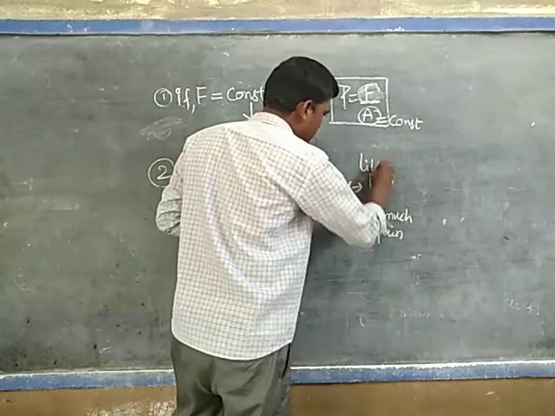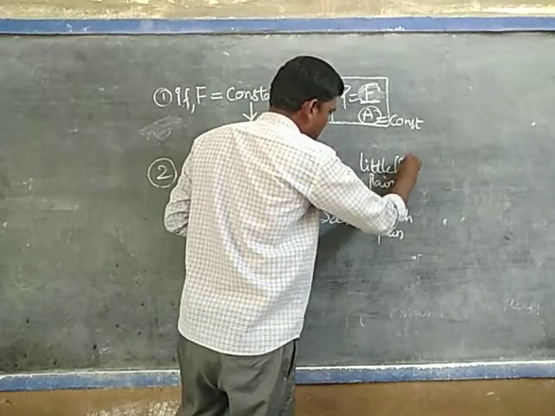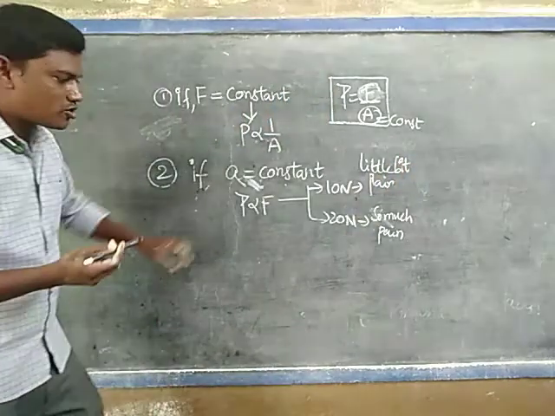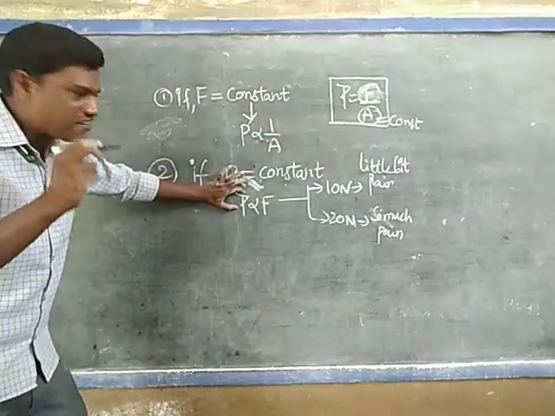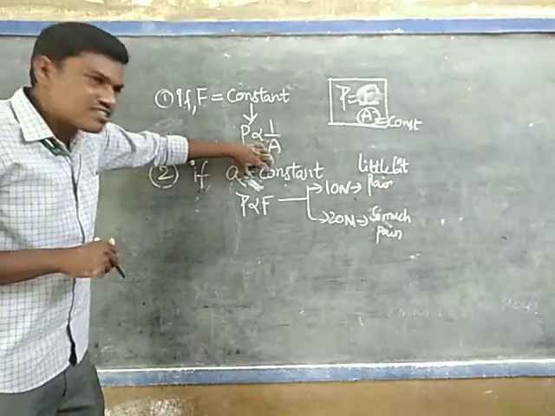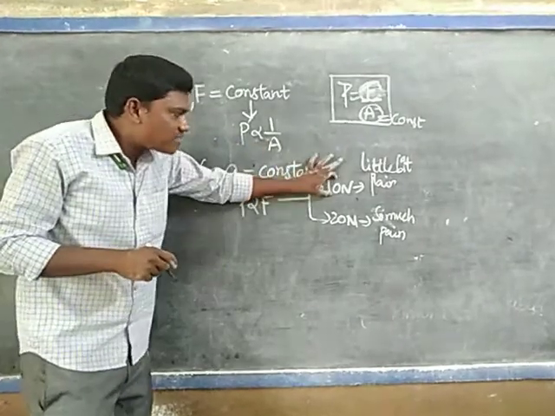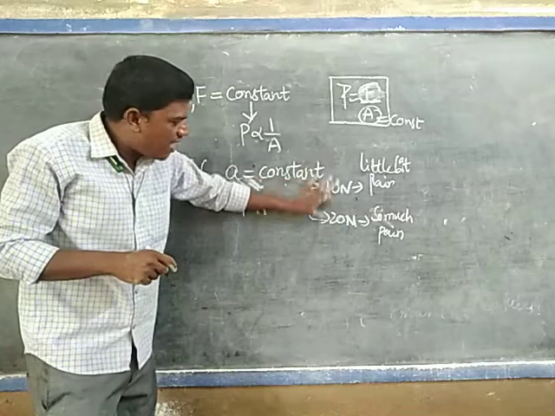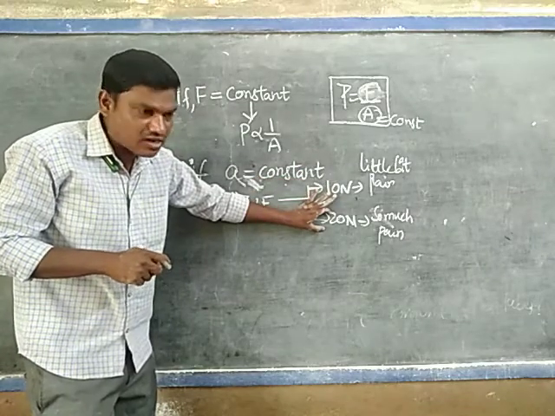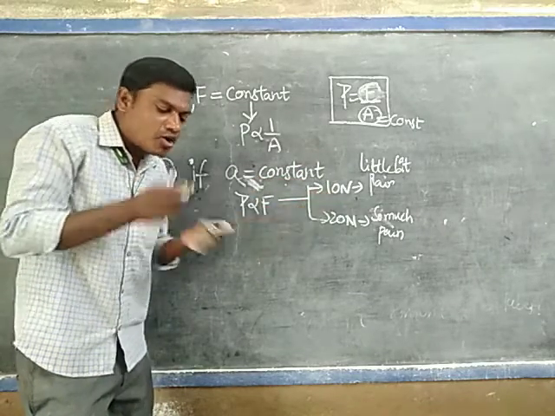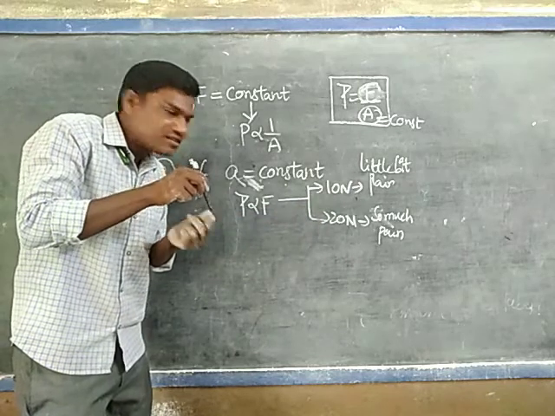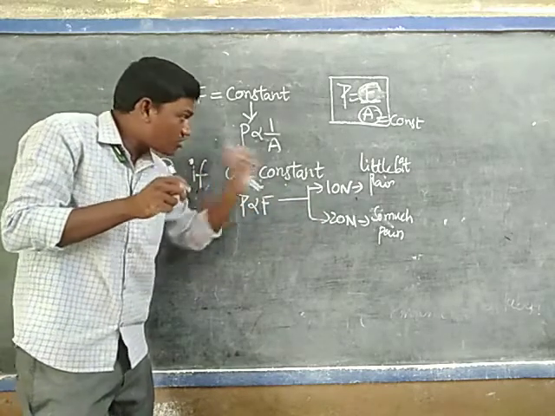Listen very carefully. In the case of the pointed end, the area is constant. When you apply 10 Newton force and 20 Newton force on the finger through the pen, which end do we place? The pointed end. That's why the area of cross section is constant.